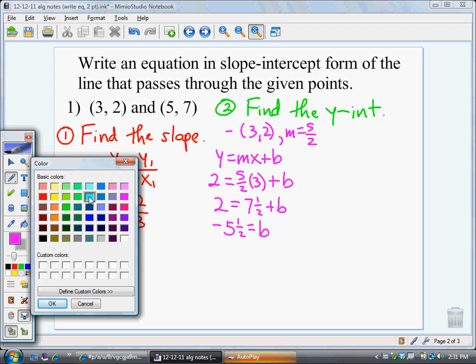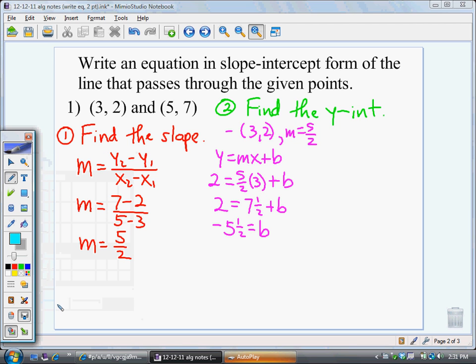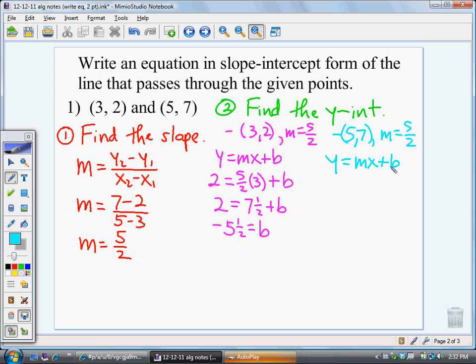Now you could have chosen to use the other ordered pair. So the other option would have been to use 5, 7 along with the slope of 5 halves. Now you do the same thing. Now y is 7, m is still 5 halves, x is 5, plus b.